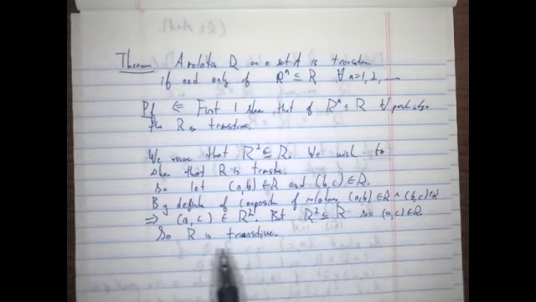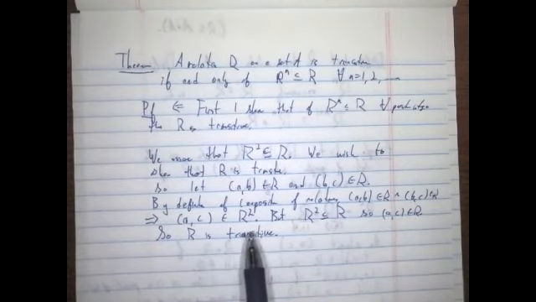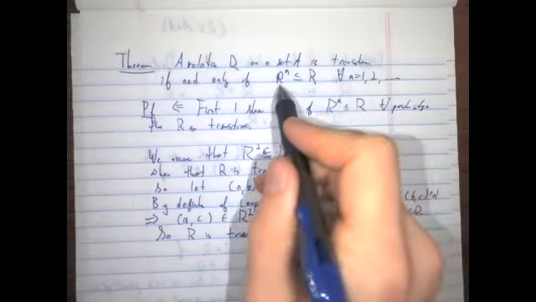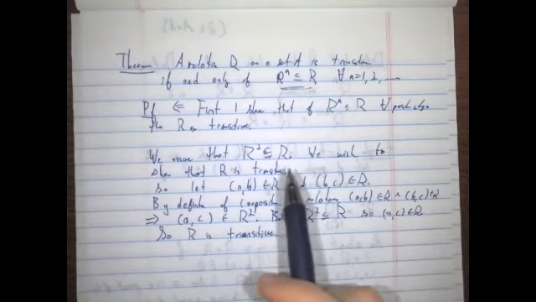Here, all we need to examine is R squared, right? Here, I'm assuming R to the n is a subset of R for all n. That's a really strong assumption. It turns out that for this direction, I only needed R squared.